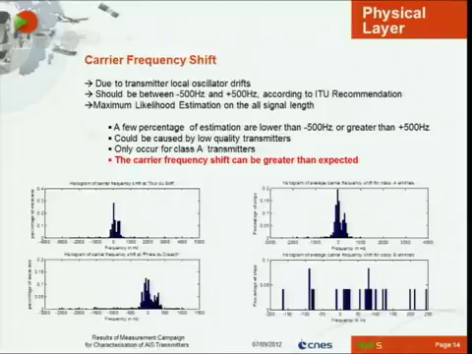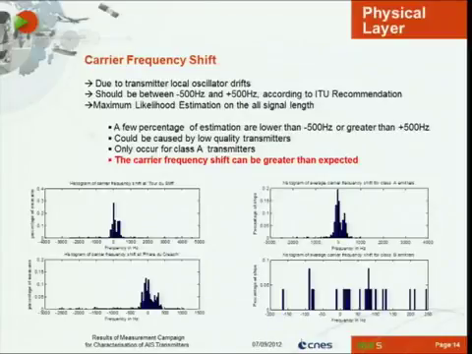Here are the histograms of estimated carrier frequency shift for both measurement sites, and the histograms of these estimated carrier frequency shifts for Class A emitters and Class B emitters. We can see that some estimations are lower than minus 500 Hz or greater than plus 500 Hz, and it appears only for Class A transmitters.